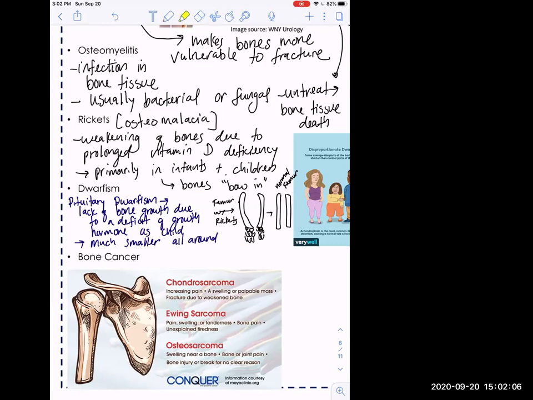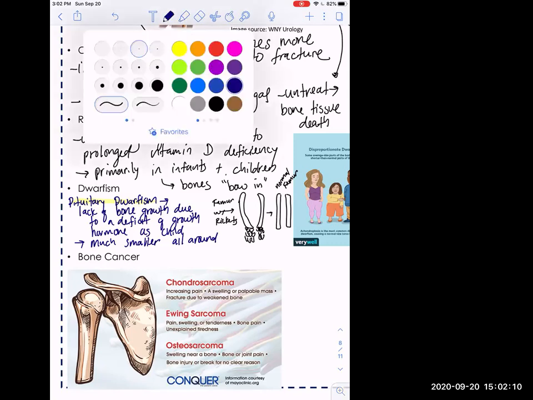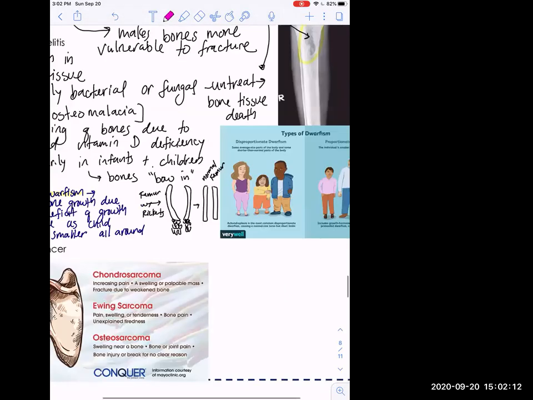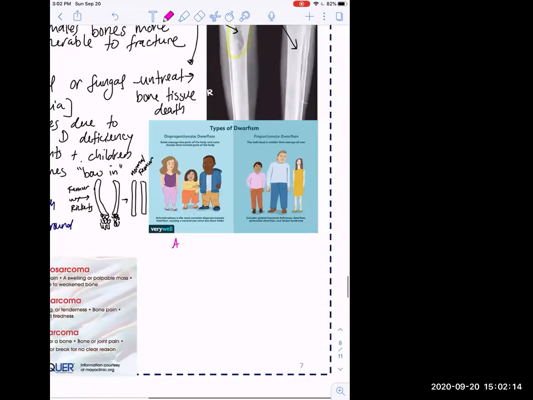Now, that's one type. Another type of dwarfism is called achondroplastic dwarfism. Achondroplasia. Let's take a second first and separate this word. I'm going to make it a little bigger because I want to take this word apart.